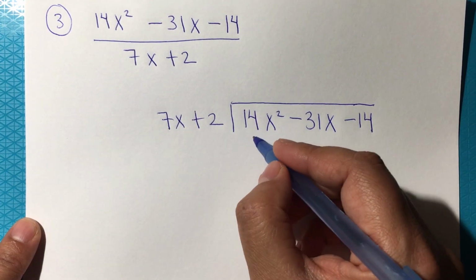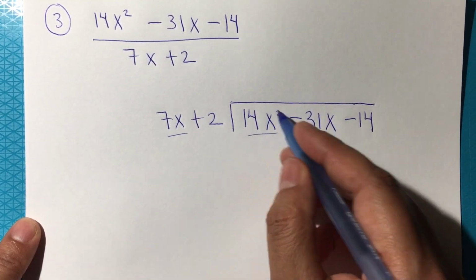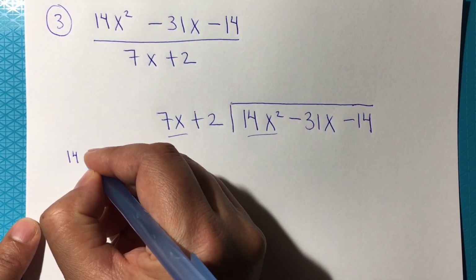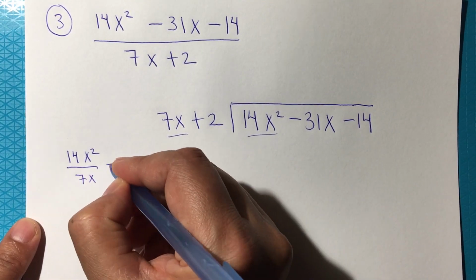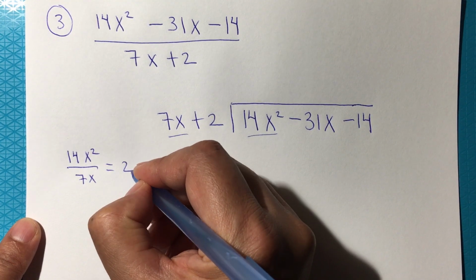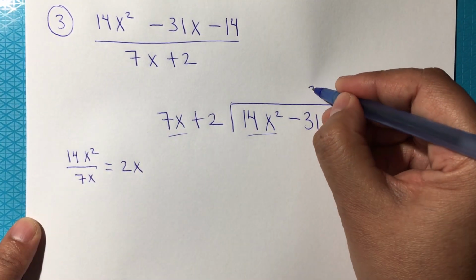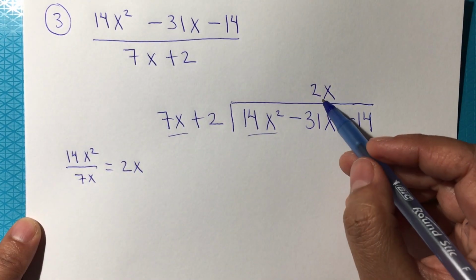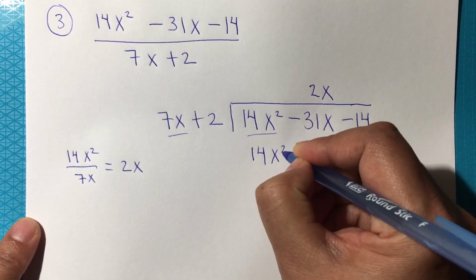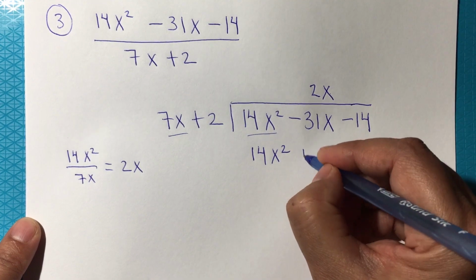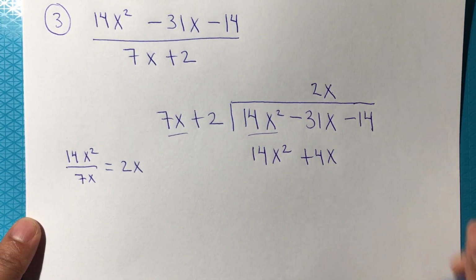And so, again, we divide the first term inside by the first term outside, and it's 14x squared divided by 7x. That gives us 2x. We place it in the second term and start multiplying. 2x times 7x is 14x squared. 2x times 2 is positive 4x.